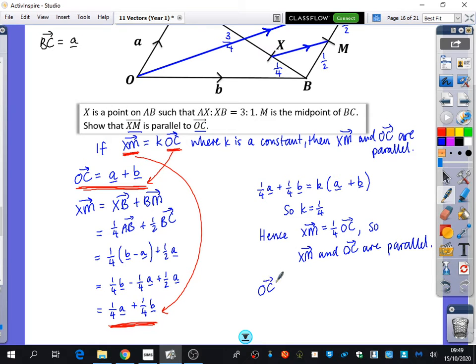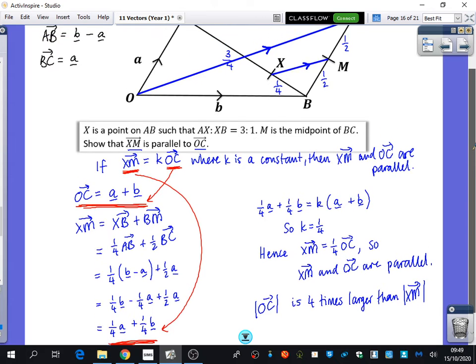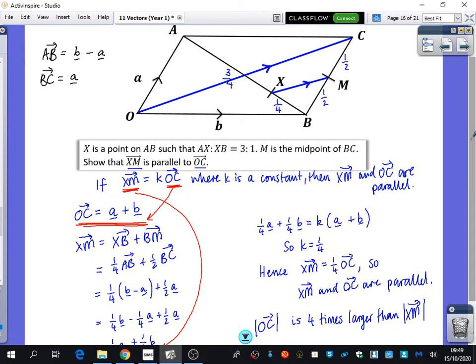Yeah, the modulus of OC is 4 times larger than the modulus of XM, the length of these things. So if I go back to the diagram for a second, this line here is 4 times the length of this line that I've got here. Yeah.